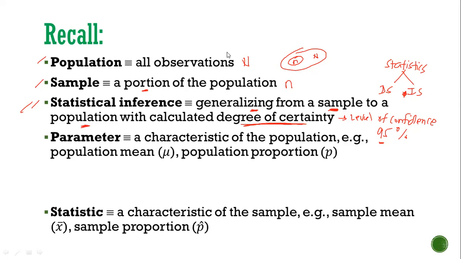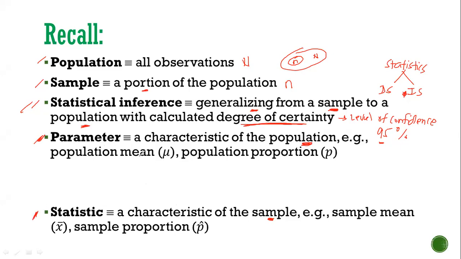So next concepts tayo, we also have your parameter and your statistic. Okay? So what again is parameter? Any numerical data that came from a population is called your parameter. Statistic, on the other hand, kabaliktaran lang siya. Any numerical value that came from a sample is your statistic.